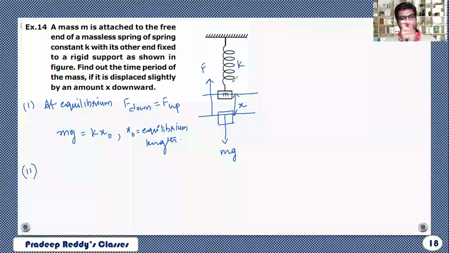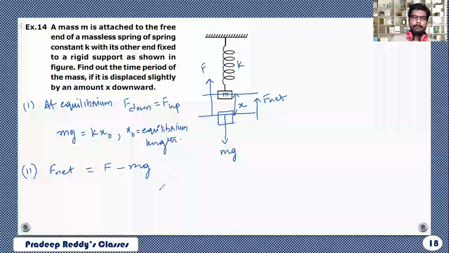Now there is some net force acting at the bottommost point, and that net force will be in which direction? In the upward direction. So I can write F net is equal to spring force minus gravitational force mg.